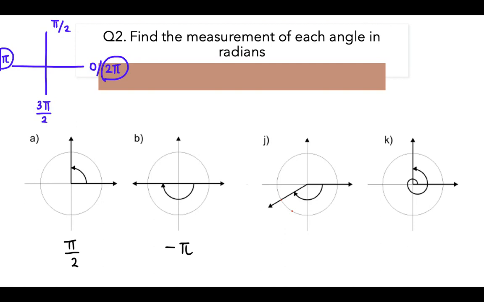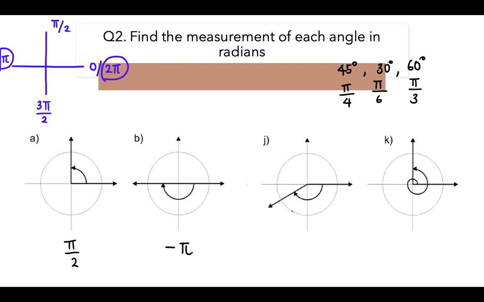Other special angles I want you to memorize: 45 degrees is a special triangle, which I'm going to show you later, and we have 30 degrees and 60 degrees. 45 degrees in radians, which I'll show you how to convert in a second, is pi over 4. 30 degrees is pi over 6, and 60 degrees is pi over 3.